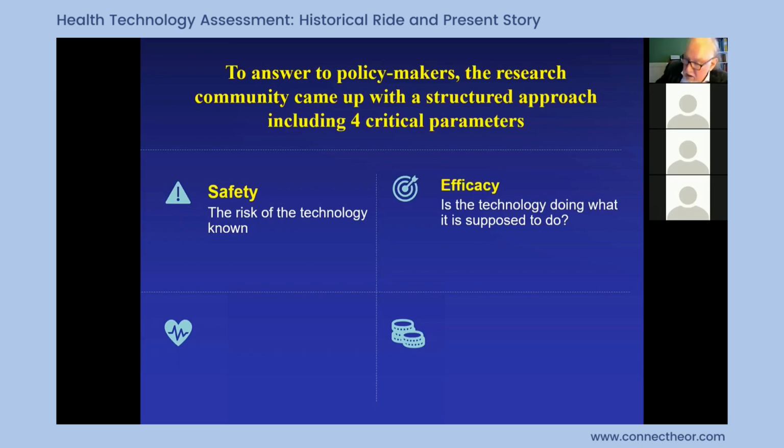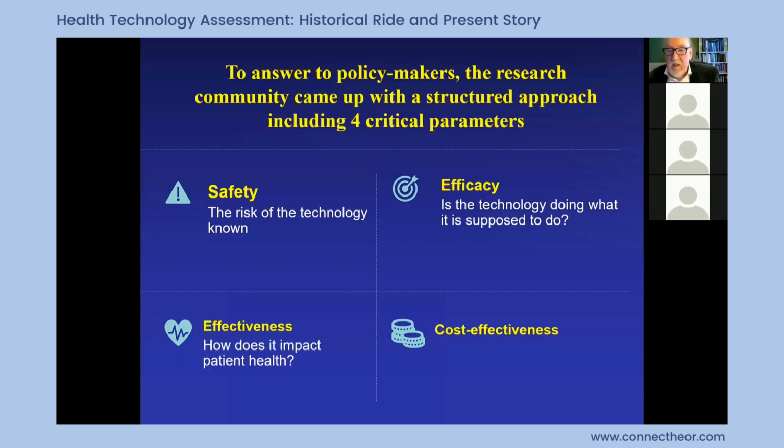The history of medicine, particularly in the 1900s, is full of trials of different treatments and diagnostics where people didn't really know what their technology was supposed to do. Effectiveness, how does it impact patient health? And cost effectiveness is, of course, cost related to health outcomes. Next slide.